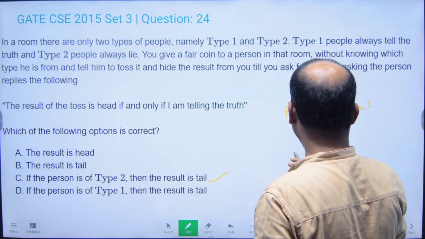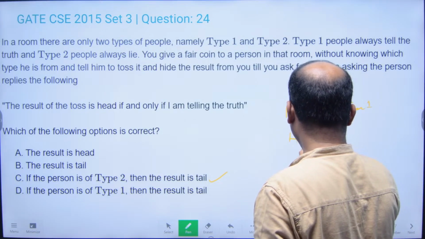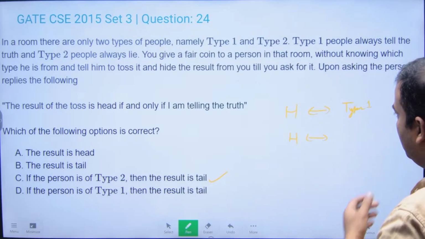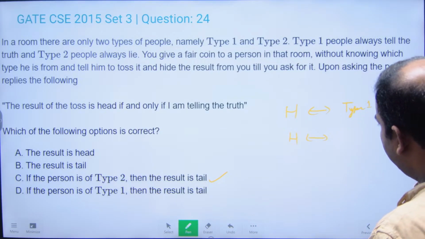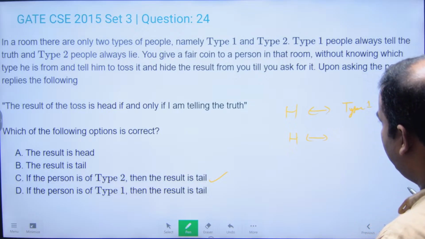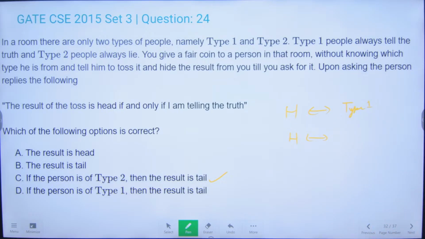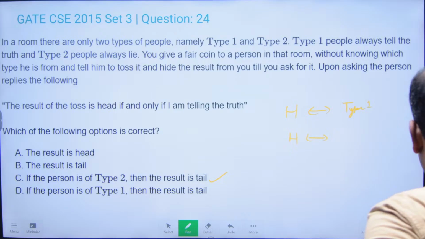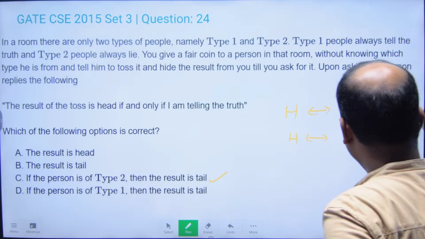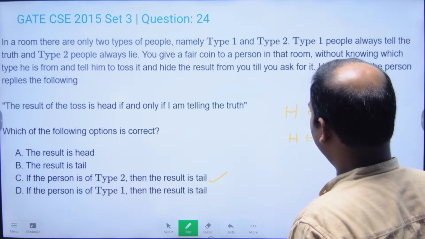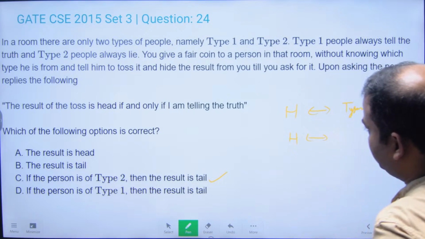What is told by type 2? Type 2 is telling the same thing: the result of the toss is head. If I am telling the truth, so whether he is telling the truth or not, that you have to find.